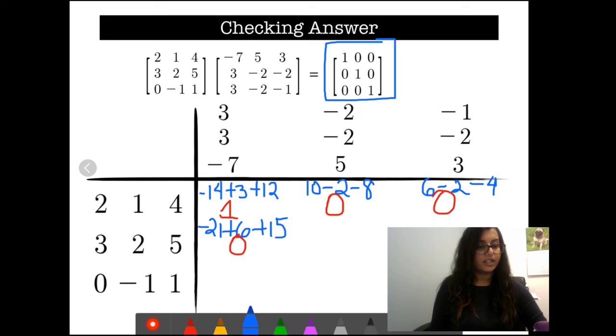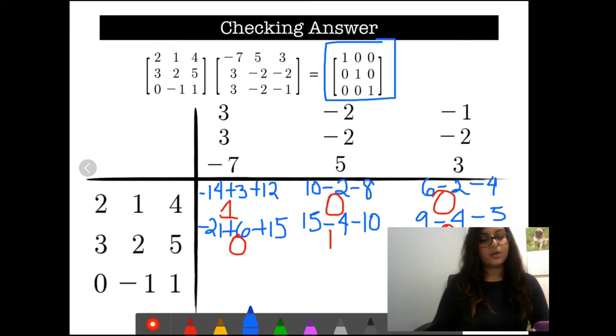Then the next number, 3 times 5, which is 15, 2 times -2, -4, 5 times -2, -10, and that gives us 15 minus 14, which is 1. Then 3 times 3, 9, 2 times -2, -4, 5 times -1, which is -5, and this ends up being 9 minus 9, which is 0.